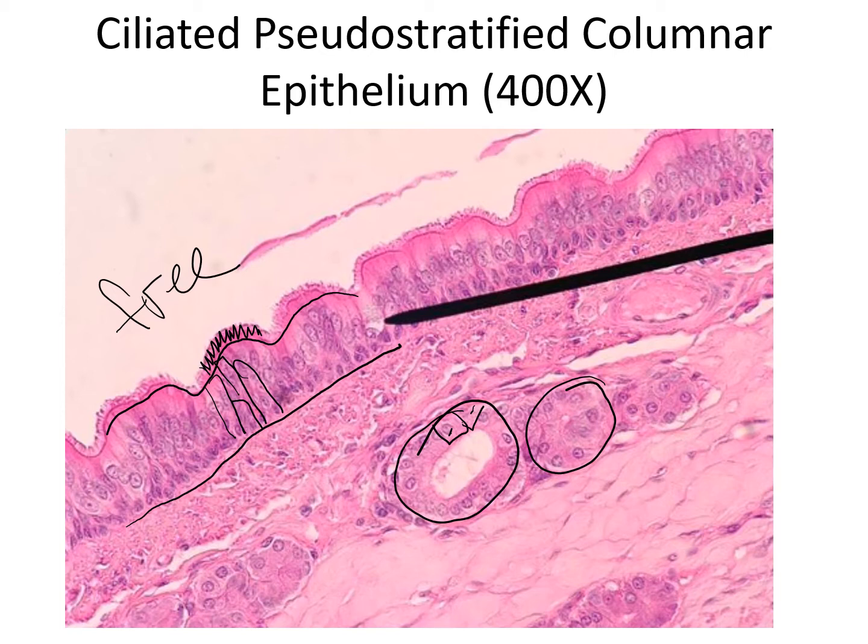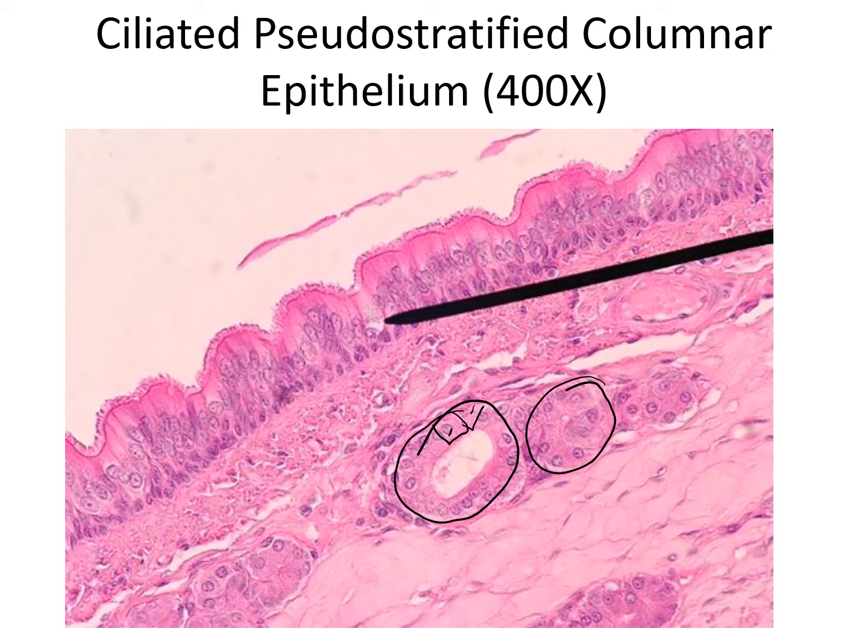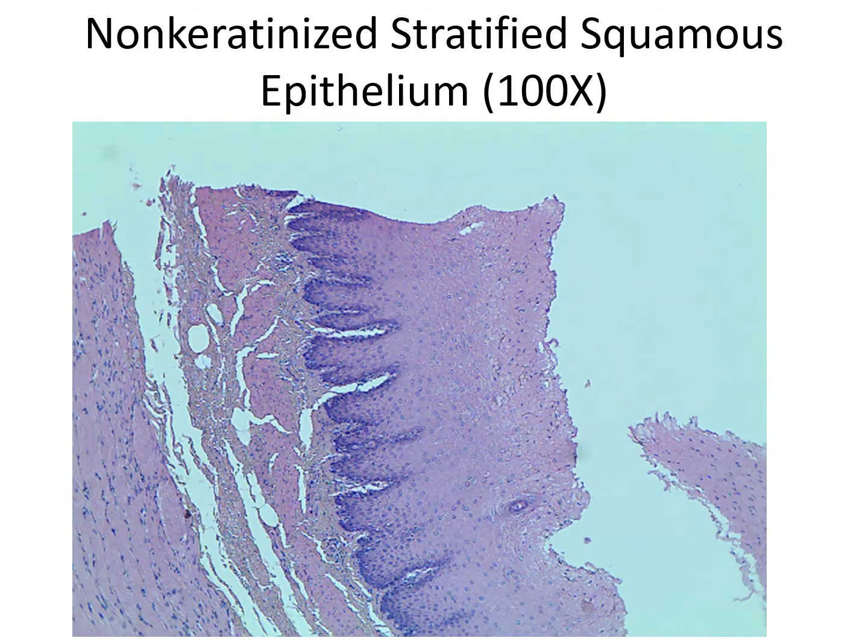Okay. Let me just erase all this stuff and get to the next slide. This epithelium is non-keratinized stratified squamous. Right, so where's my epithelium? Okay, so I'm looking again, where's my free surface? And this is my free surface.